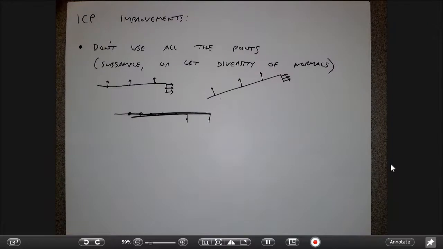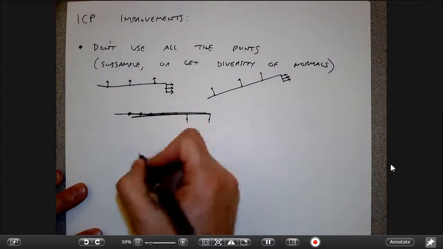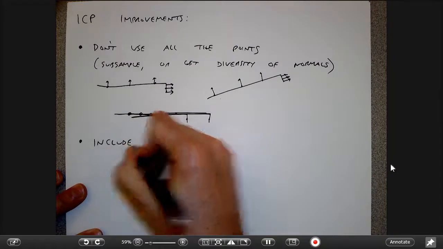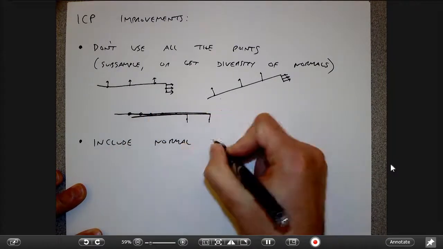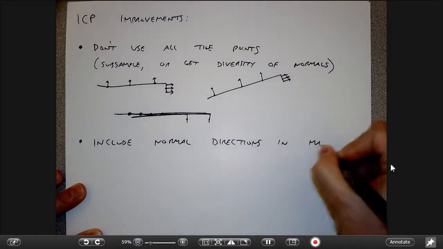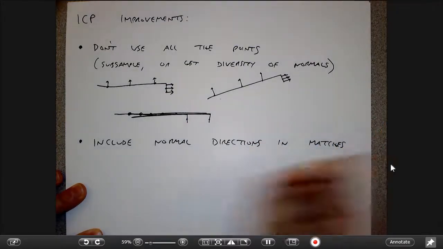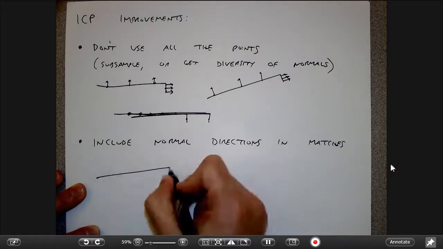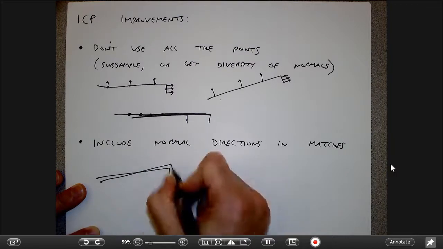Another thing that you might do is, instead of matching points alone, include normal vectors or normal directions in matches. If I've got two surfaces like this, I should have brought a different colored pen.